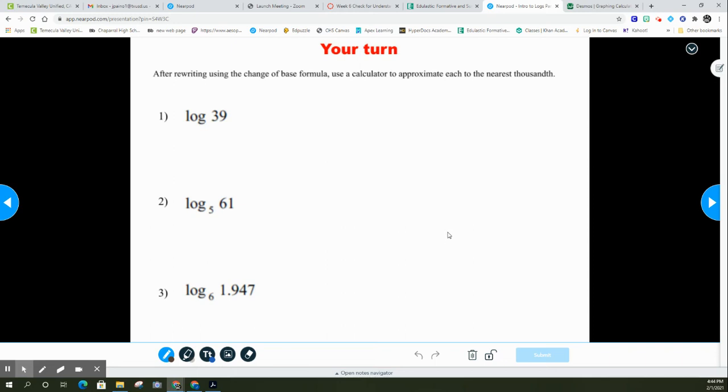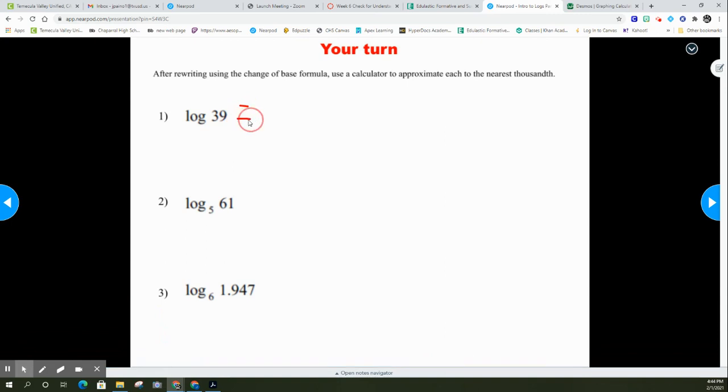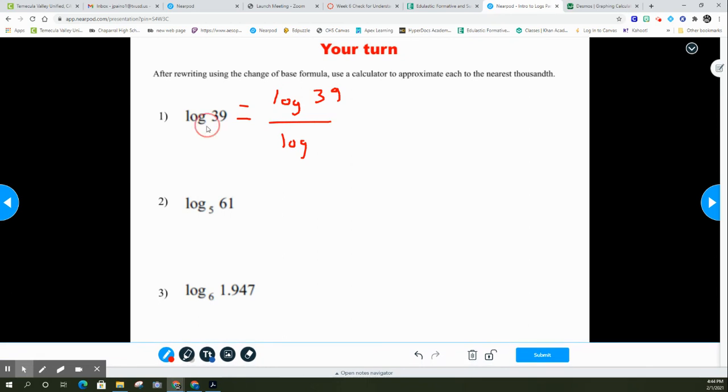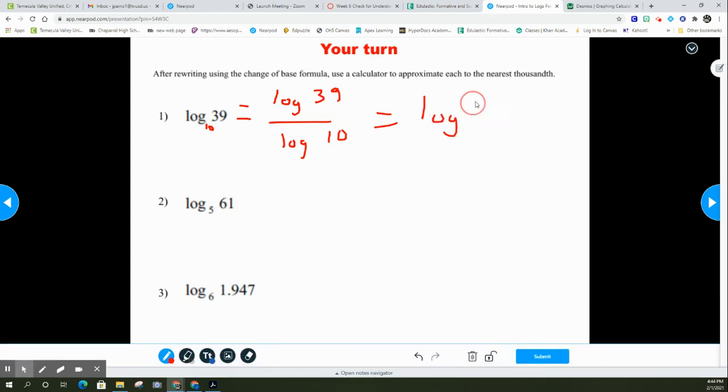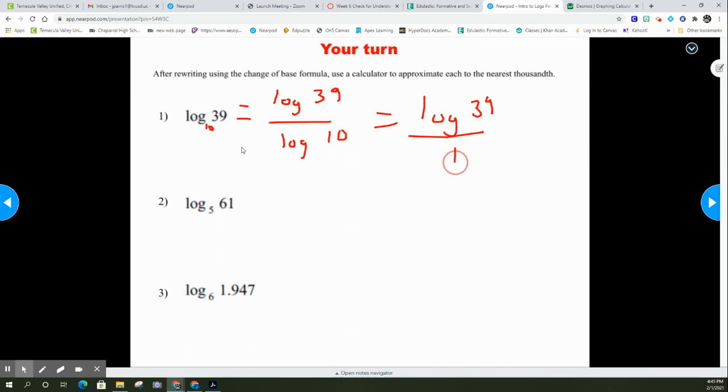We're doing these three here. Log of 39. Rewrite using the change of base formula. Well, this one I would not. It's already base 10, so you should just type that straight into your calculator. If I do the change of base formula, log 39 over log 10, because the base is 10 here, the bottom is just 1, so there'd be no point in even doing that.